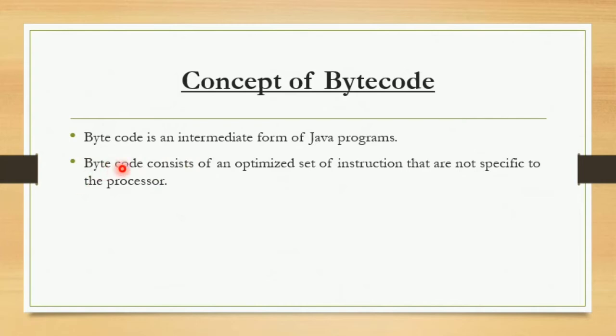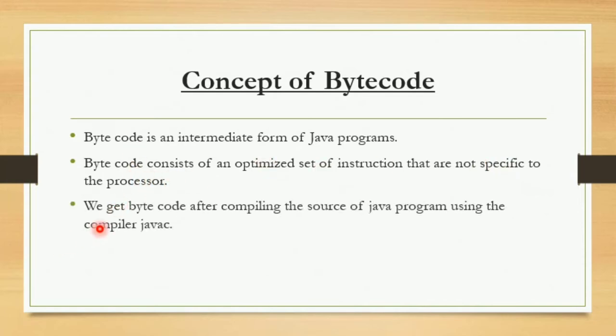The bytecode consists of an optimized set of instructions that are not specific to the processor guys. We get the bytecode after compiling the source of the Java program using the compiler javac. So in Java guys, the compiler name is javac. Let's remember that thing.